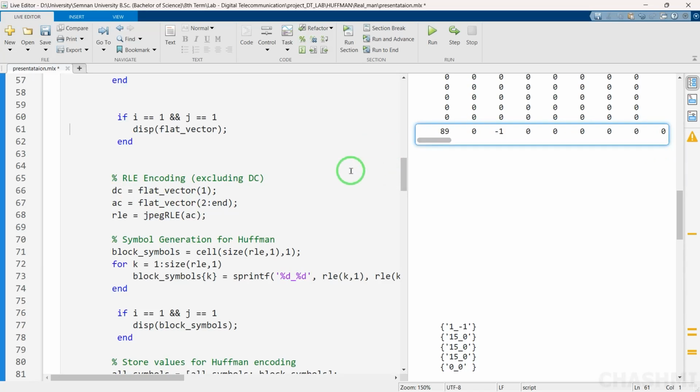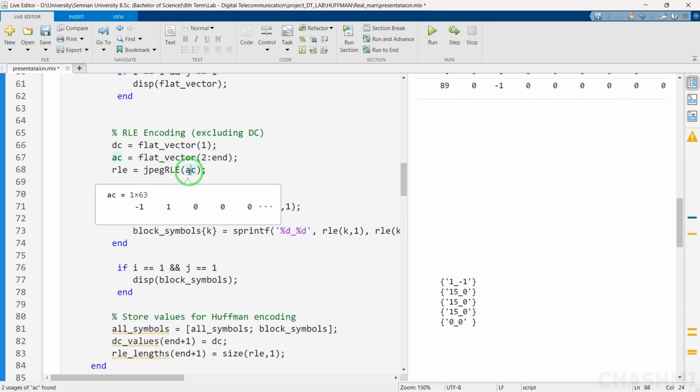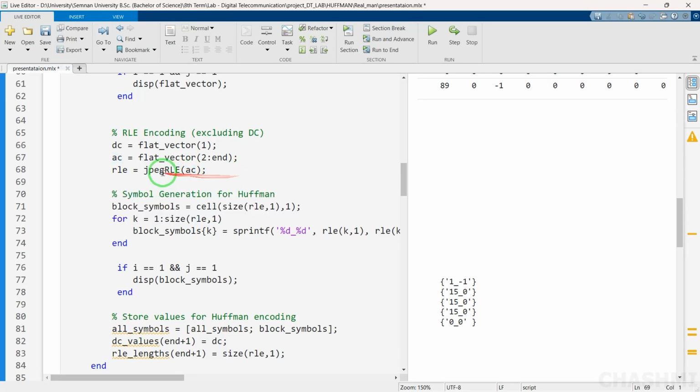We separate them because for compression we do different compression for DC than we do for the AC. So we don't group the DC, we just group the ACs. That would be 63 values, as you can see, from -1 until the end.